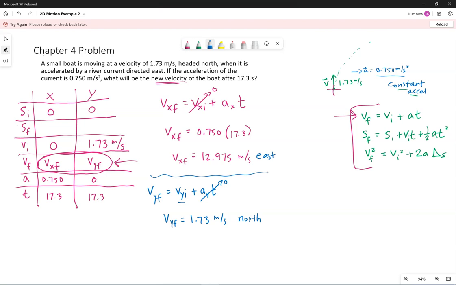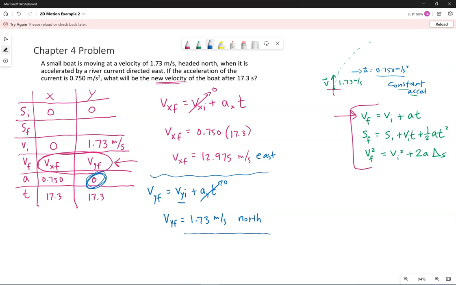So now, after the 17.3 seconds, the boat has an eastward component of velocity and a northward component. The north one did not change because there's no acceleration northward. Remember, the definition of acceleration is some change in velocity. So not having an acceleration that points north or south means this velocity stays the same.